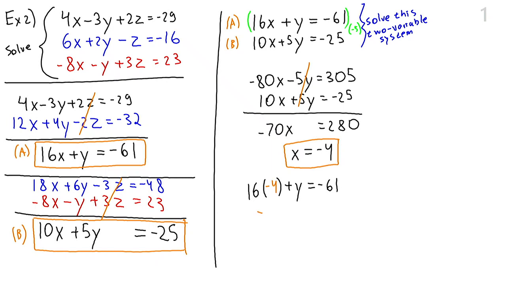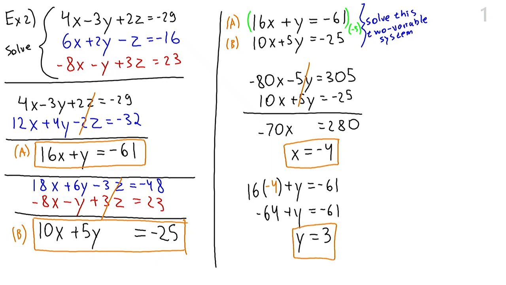This makes my equation -64 plus y equals -61. So y must equal 3. That's the second entry in my 3-tuple.